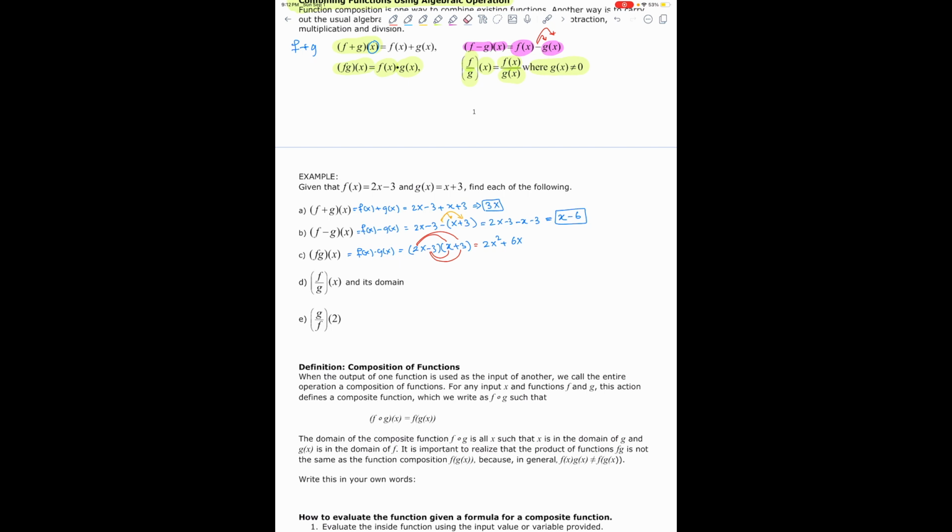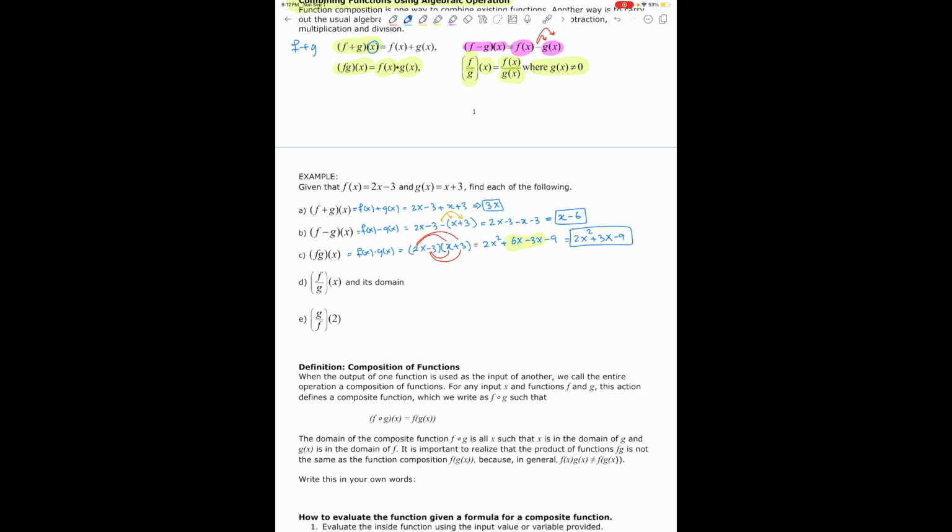Negative 3 times x is negative 3x. And then negative 3 times 3 is negative 9. Now we combine like terms, which is basically the middle two terms together. So we will have 2x squared, positive 6x minus 3x is positive 3x, minus 9. And that would be the final answer for the multiplication.